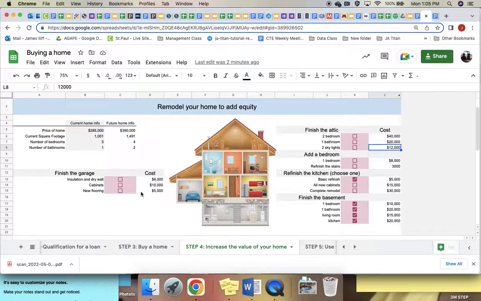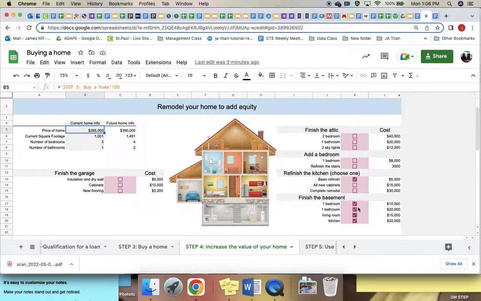But what gets really fun with this is understanding that when you do things like this, when you finish the attic, it increases the value of your home. And so they can come up here and say, hey, currently your house price is $285,000.